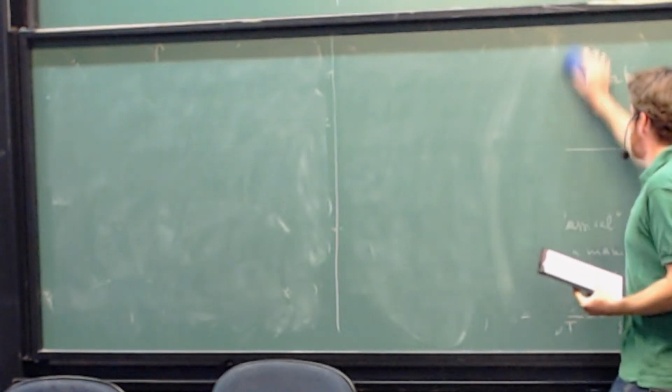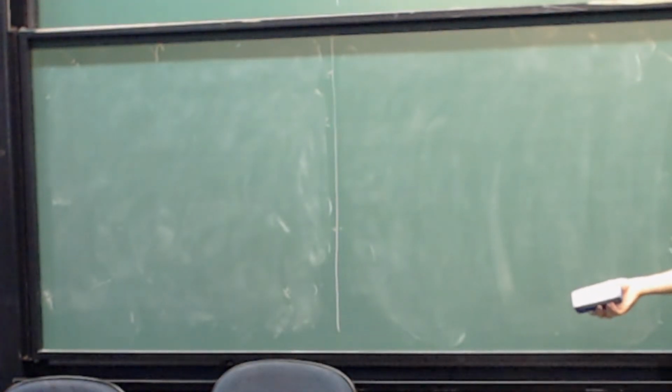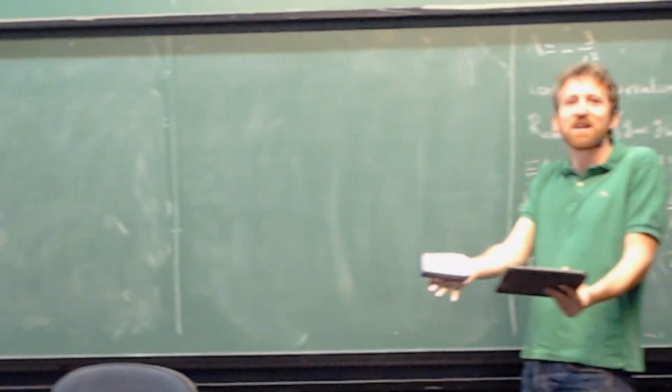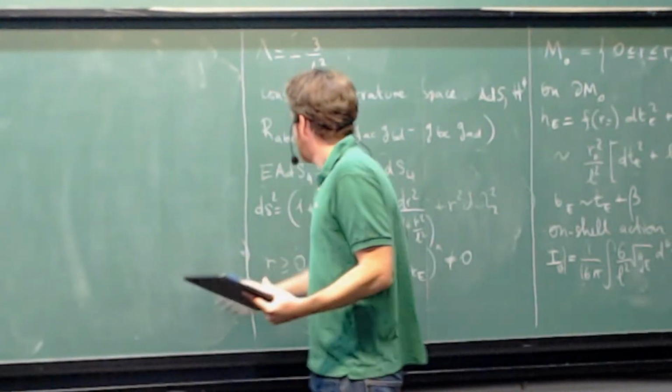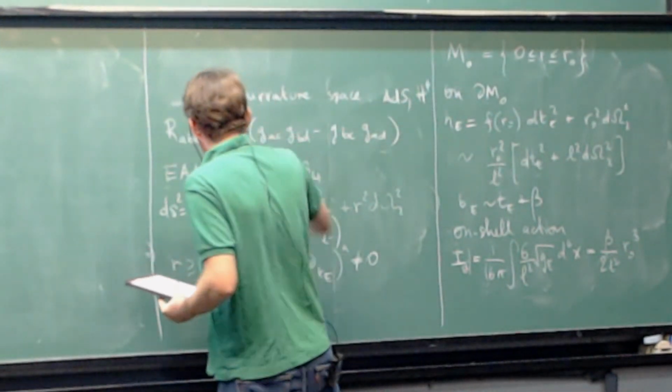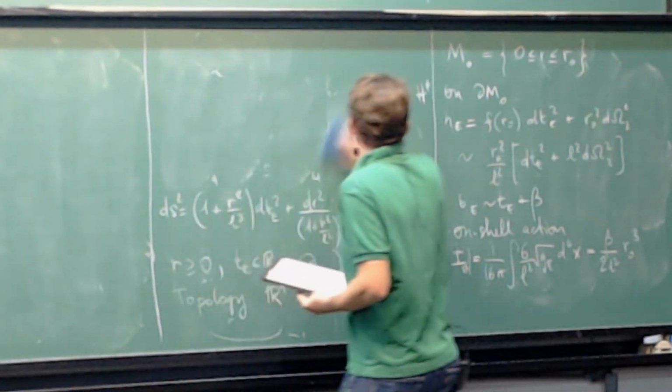We need to make sure that we don't include singularities, simply because we don't know what to do at singularities. Until now, I've never told you what happens to gravity when I have a singularity. I've only considered smooth spaces. So we'll consider smooth spacetimes.